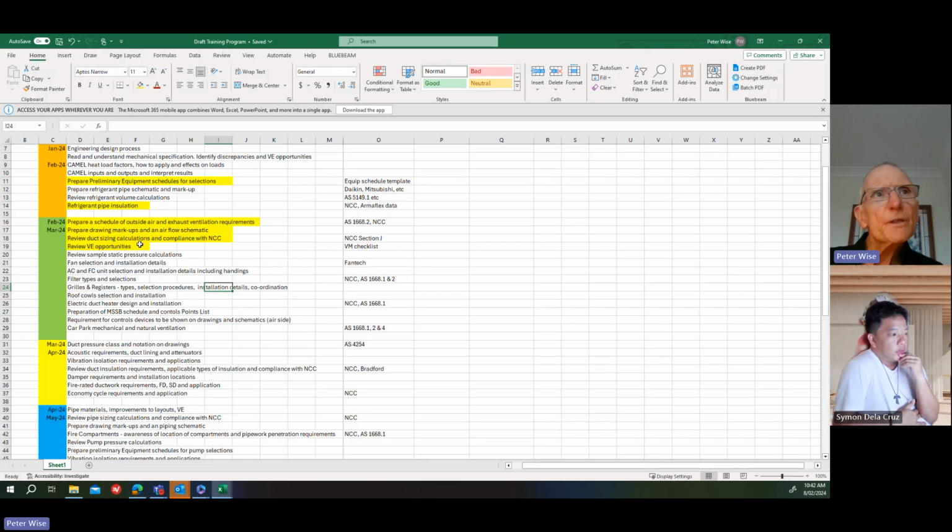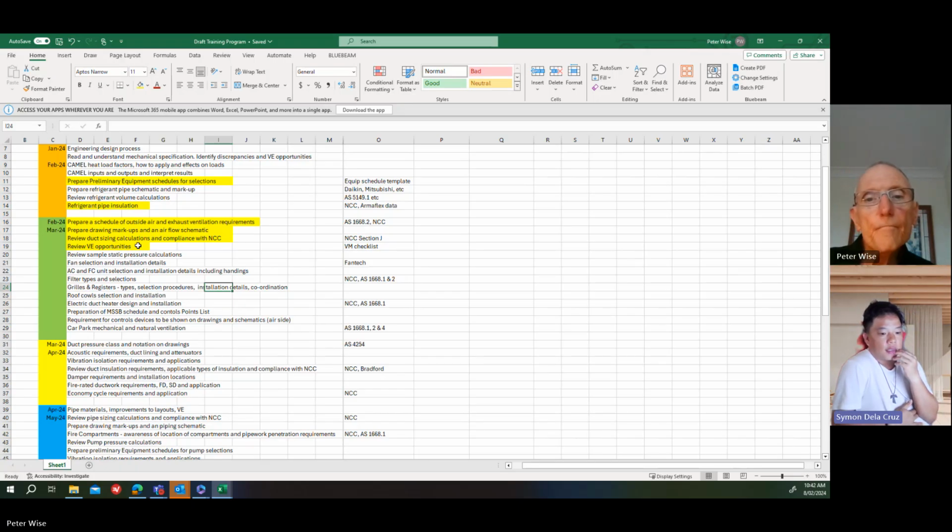Do you know the requirements of the NCC from Section J for ductwork? Yeah. The maximum Pa per meter is 1, but we usually use 0.8. Yep. Okay. Then the velocity depends on the type of room, right?